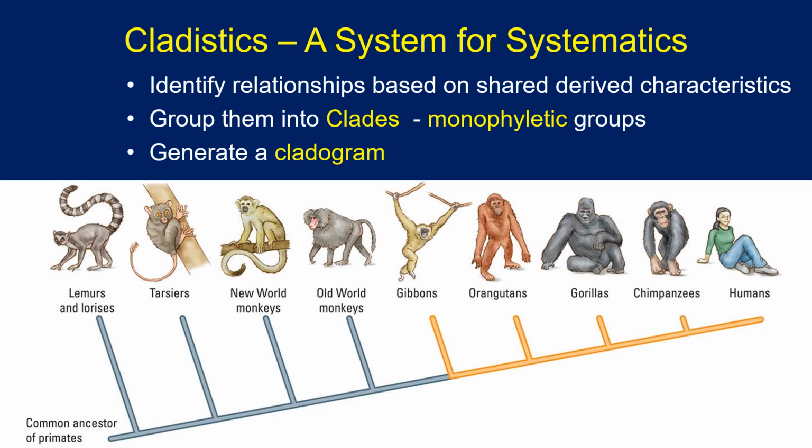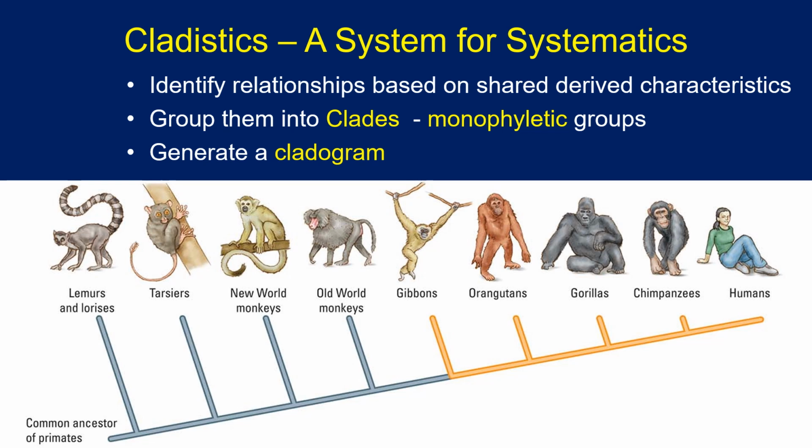And what the heck does that mean? Mono means one, phyletic, that refers to phylogeny. So again, phylogeny is the study of ancestry. It's the study of evolutionary relationships. We want to make sure that every single group that we make, every clade that we make, can be traced back to the most recent common ancestor that had all of those traits.